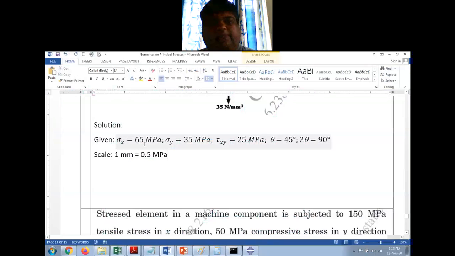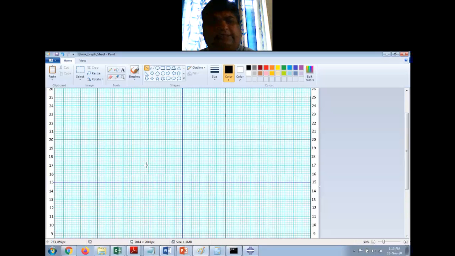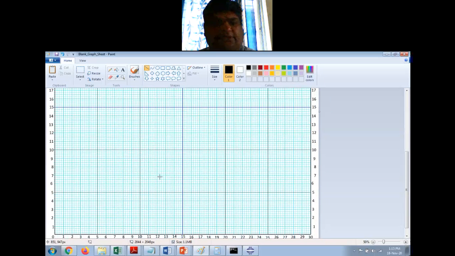Now sigma x is 65, so 65 converted to scale will be 13 centimeters, right? So this is my reference line.